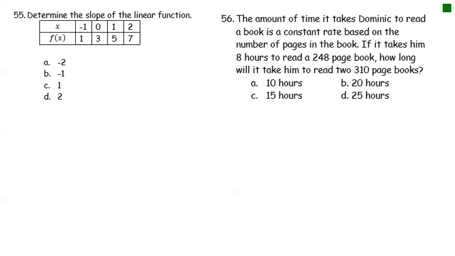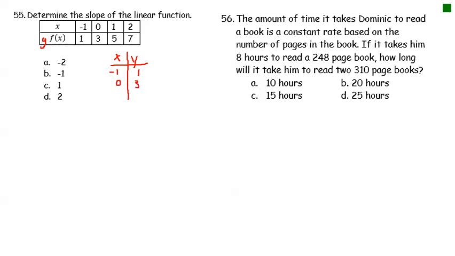All right, 55, determine the slope of the linear function. Well, remember, f of x is the same thing as saying y. Okay, so we could also change your table to look vertical instead of horizontal. And so we would have (-1, 1) and (0, 3).